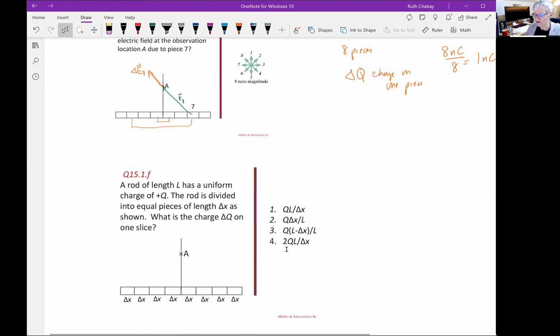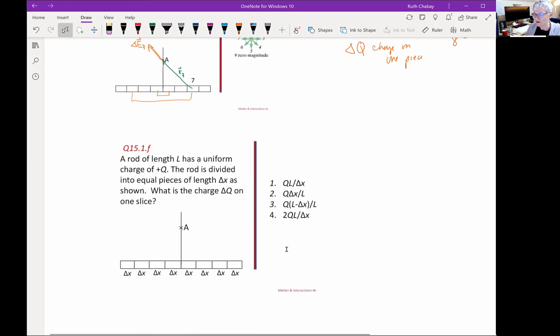But let's see if we can actually do that more algebraically so that we can use it in our derivation. So here's our question.